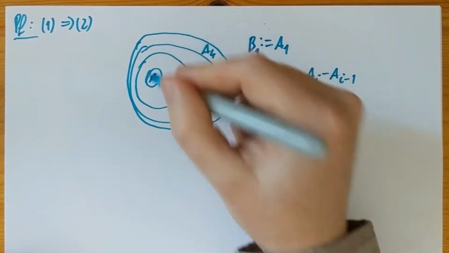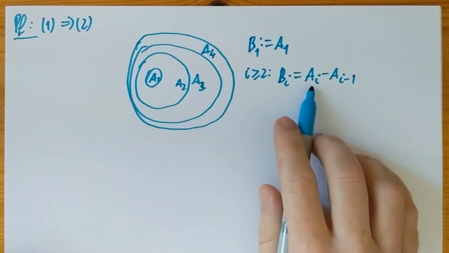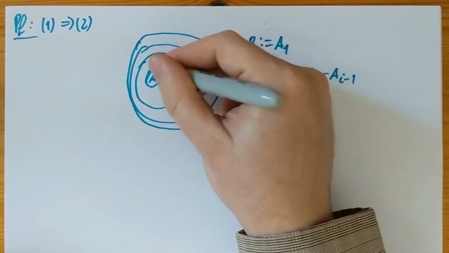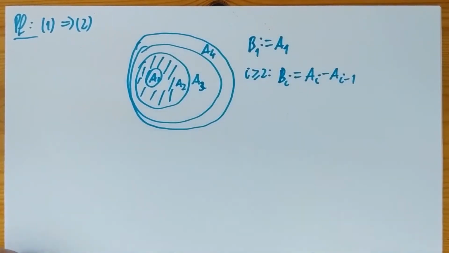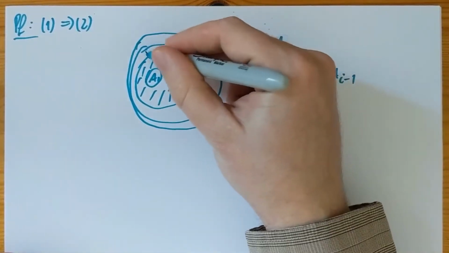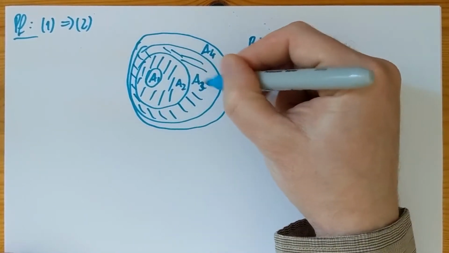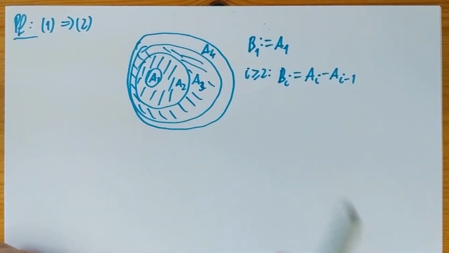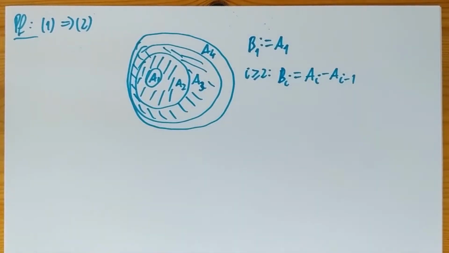So A1 is B1, then B2 is going to be A2 minus A1, so B2 is all of the increment from A1 to A2, and then B3 is going to be A3 minus A2, so B3 is all the increment from A2 to A3, and so on and so on. So it's all these sets increment, the new pieces which are added in the consecutive A's.